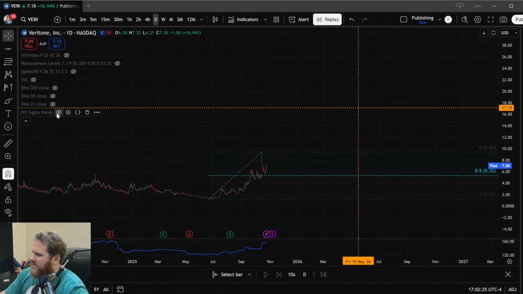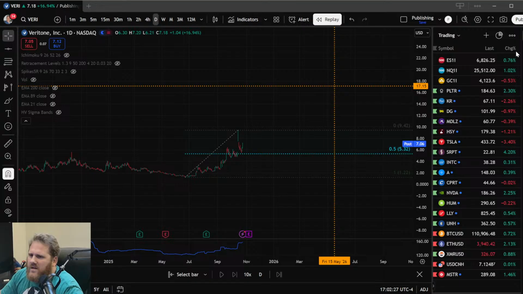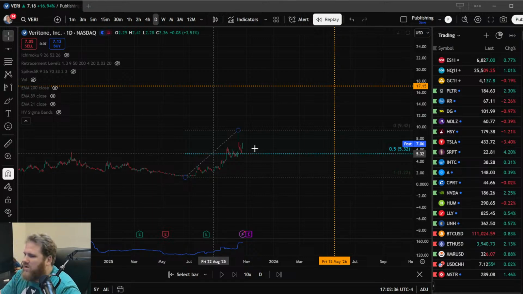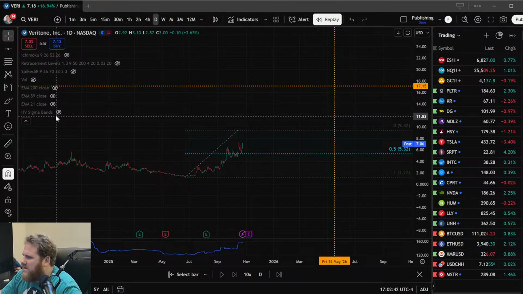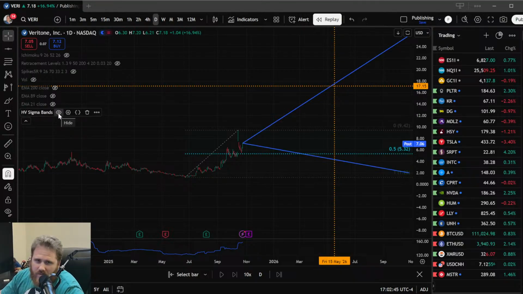All right, let's keep going through your symbols. You're long. You like that price target, 17.15 by May of next year. It's within the realm of possibility.